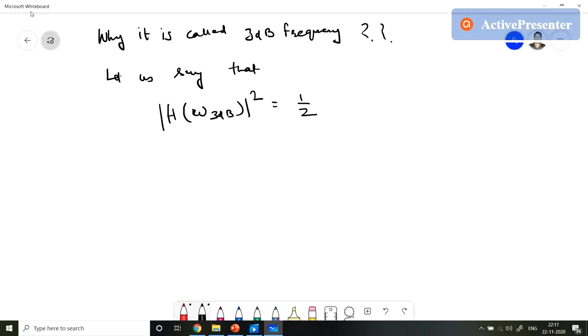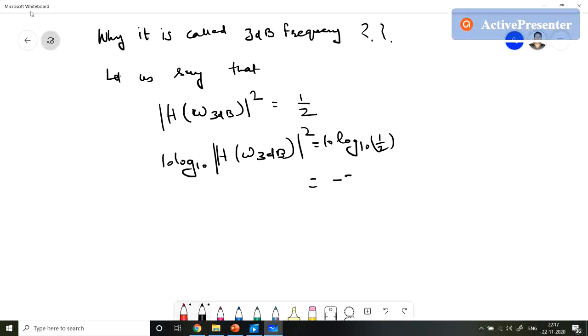Let us take log on both sides. We get 10 log 10 of modulus of H(omega 3 dB) squared equal to 10 log 10 of 1 by 2, and we find minus 3 dB.